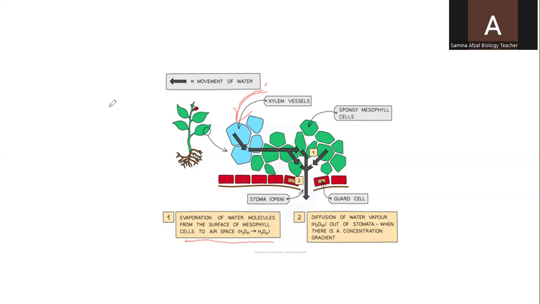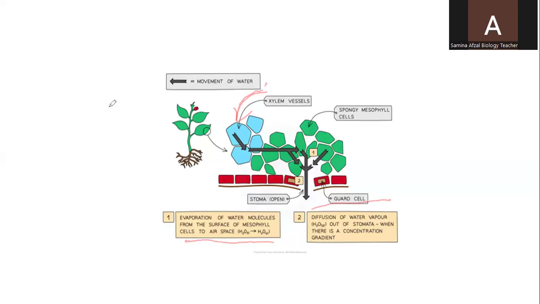In the mesophyll tissues, extra spaces are present which are used to maximize the surface area for the exchange of gases. And here you can see the water is required. So after using that water, the leftover water has to move out of the stomata. At that time, diffusion of those water molecules takes place out of the stomata when there is a concentration gradient.